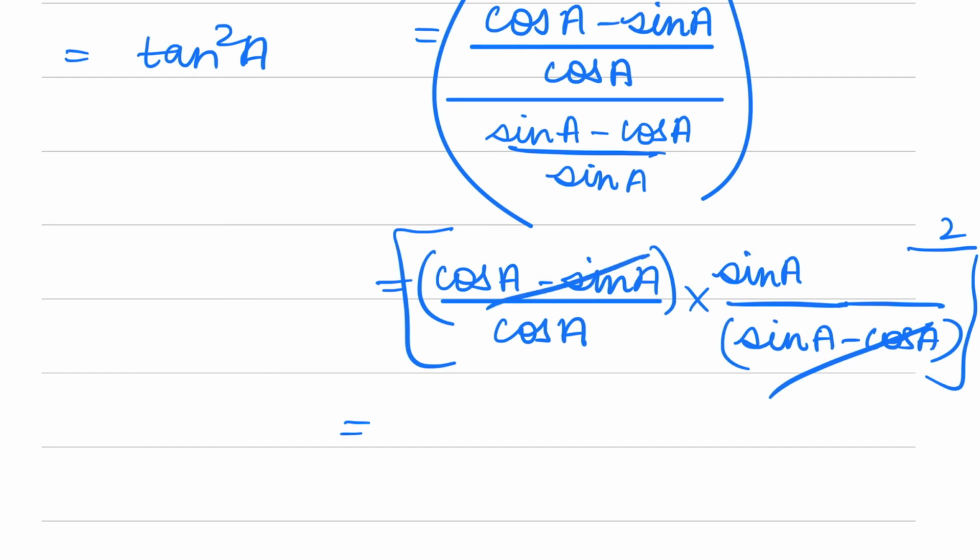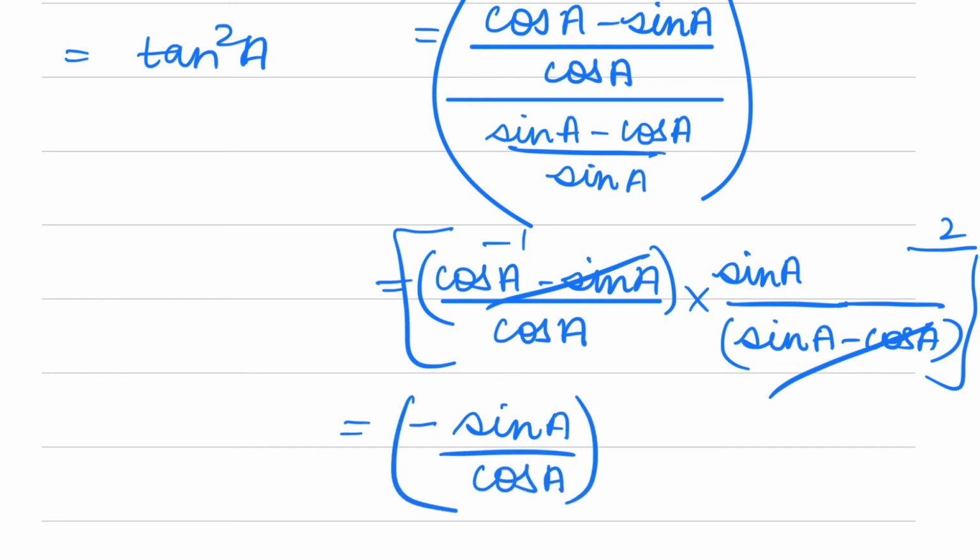This and this will get cancelled by minus 1. So I'm left with minus sin A by cos A whole square. So this I can write as tan square A.